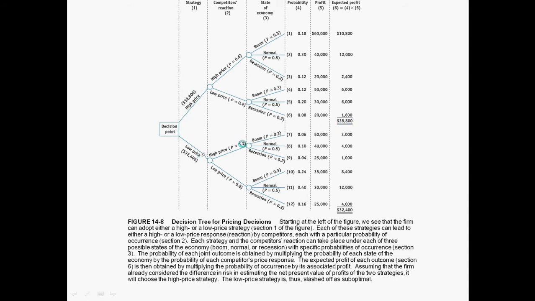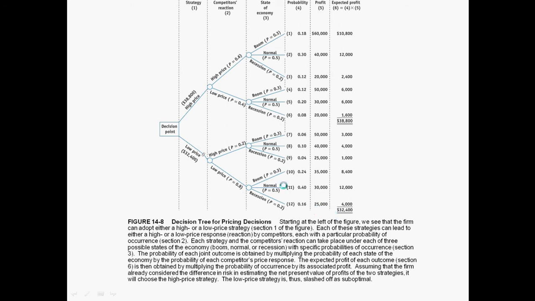If he charges the low price, then you have these different probabilities. So 20% times 30%, 0.06, so 6%. And you notice that his profits are lower in this case, 50,000, than they would be under the boom. But in other cases, he actually does better charging a low price.